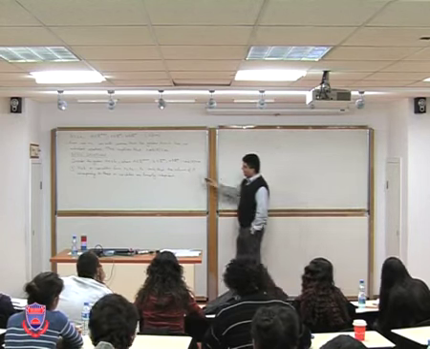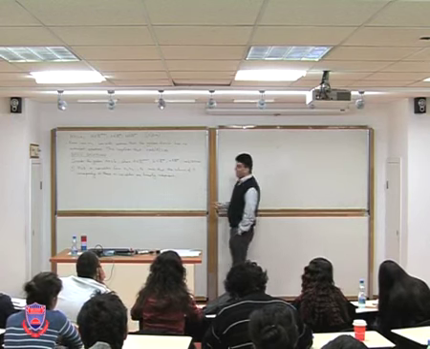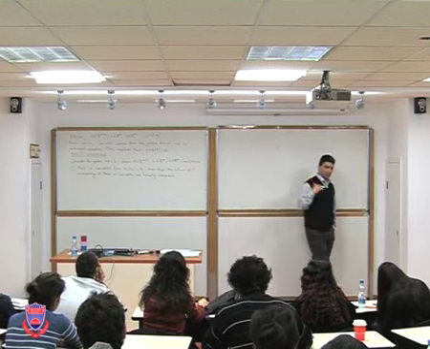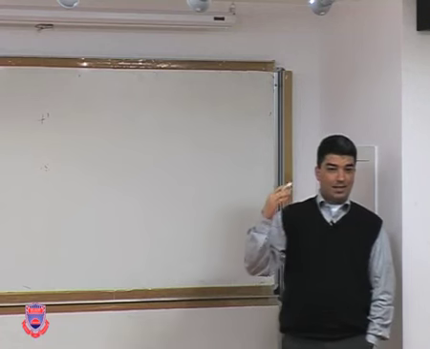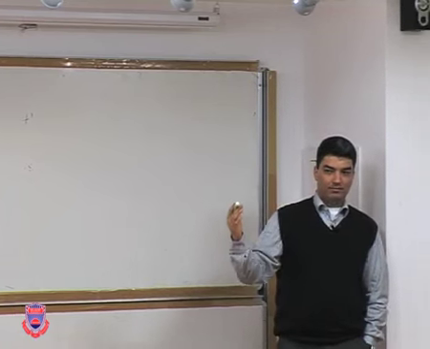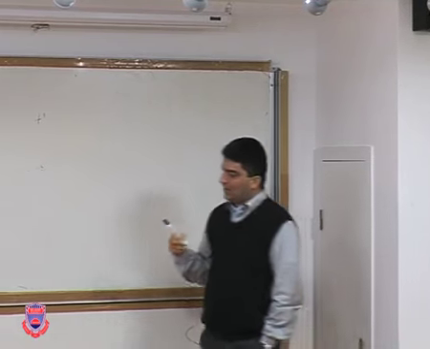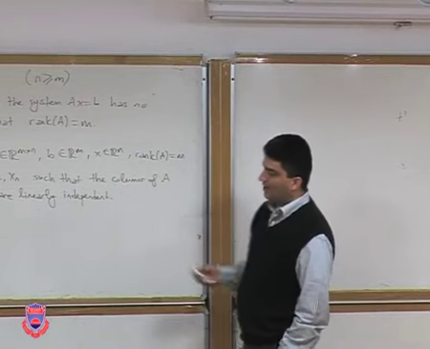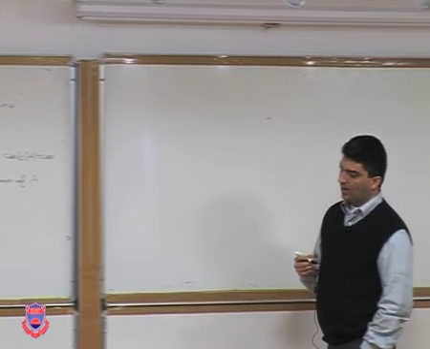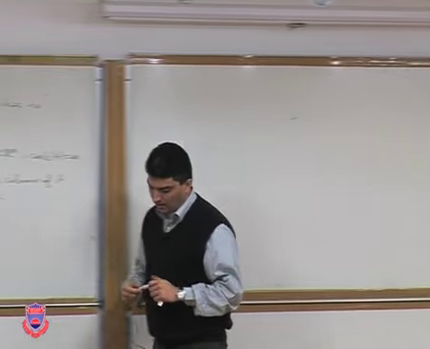So if the rank of A is equal to m, then A has m linearly independent rows, and it also means that A has m linearly independent columns as well, right? So basically what I'm going to do is pick m linearly independent columns of A, and look at the corresponding variables, okay? I'm going to give you examples in a minute.